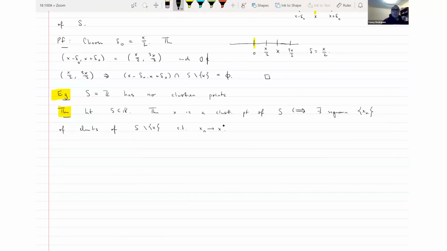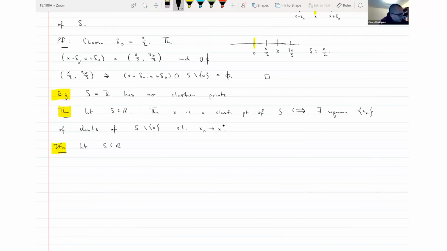All right, so with the notion of a cluster point, these are kind of the points in a set where we're going to start talking about how a function behaves near a point, which is the notion of a limit of a function, our next definition.